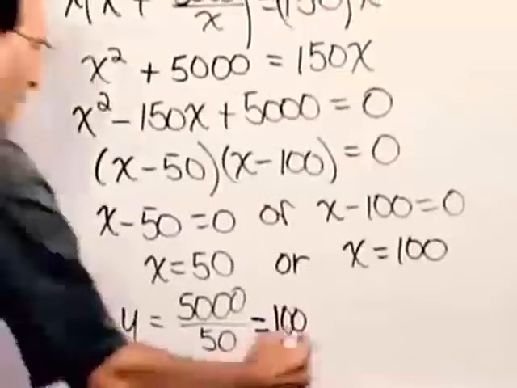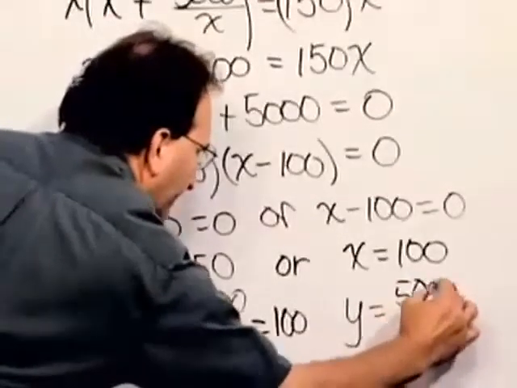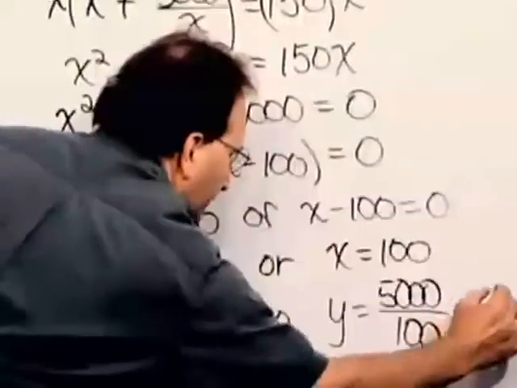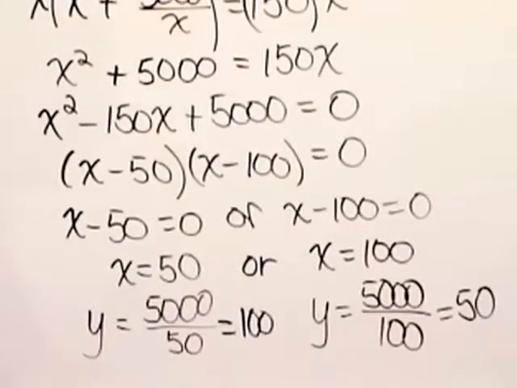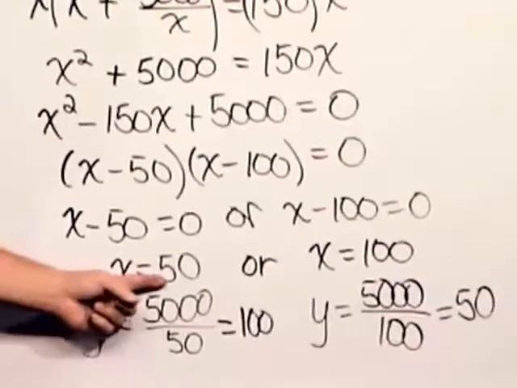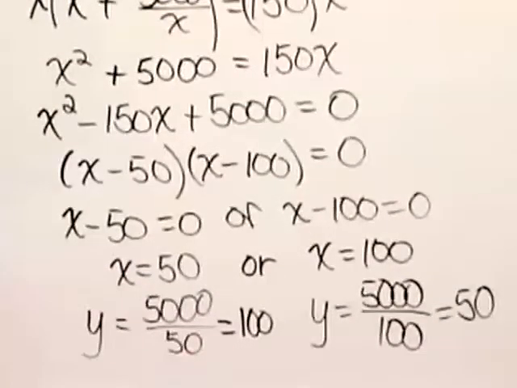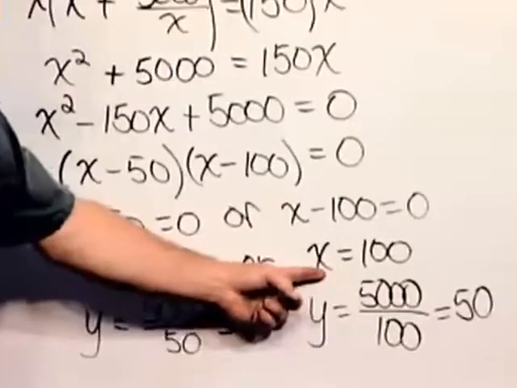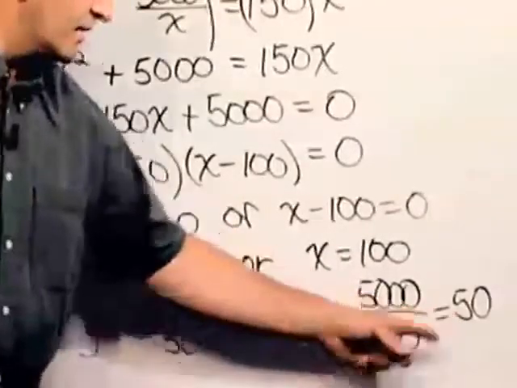Applying the same equation to the second value of x, it would be 5,000 divided by 100, which equals 50. So we have two possible answers here that we're looking at. That x, which is the width, equals 50, and y, which is the length, equals 100. Or we have x, which again is the width, which is 100, and y, which is the length, of 50.